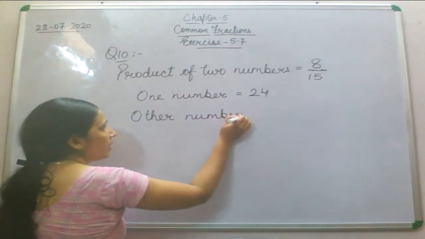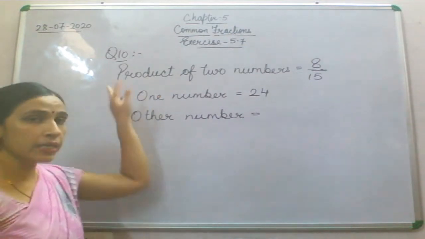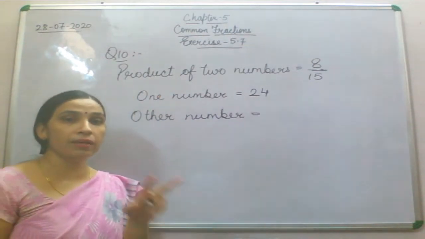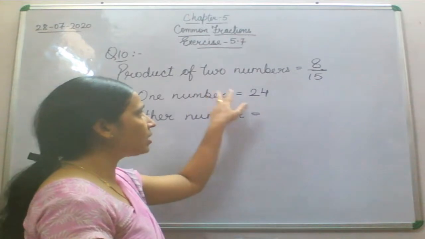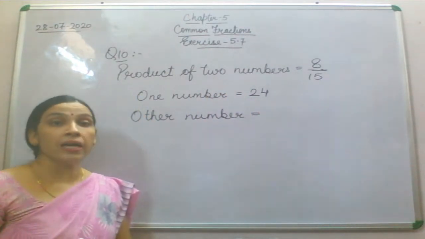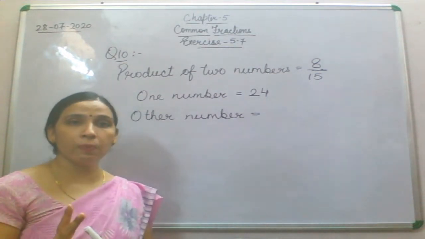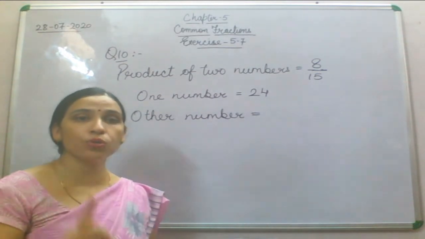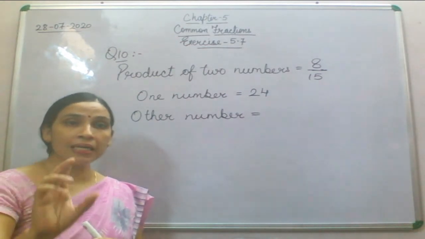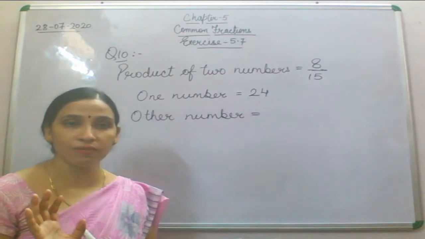Now in the beginning of the question I have told you that whenever product of two numbers is given, then what will you do? That product will be divided by one number which is given to you. Hear it again. Whenever product of two numbers is given, you are supposed to divide the product by the one number which is given to you.